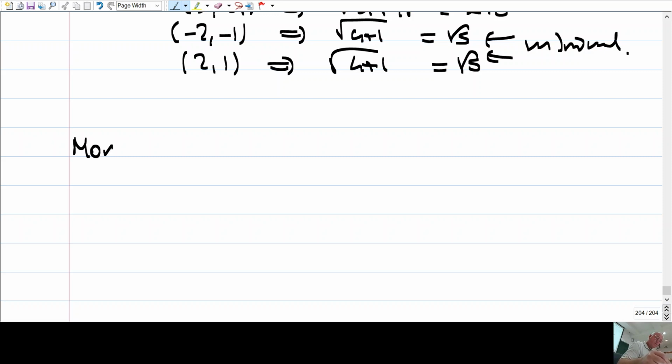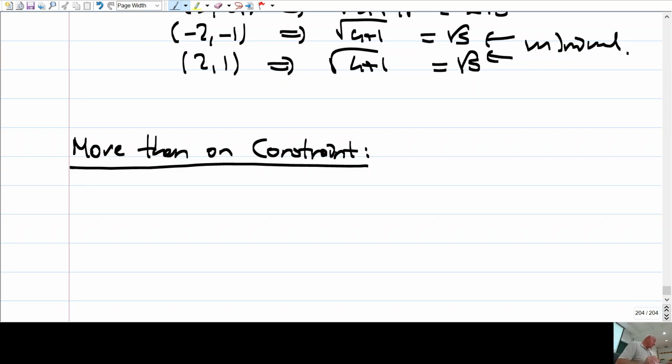More than one constraint. Yani mesela şöyle bir şey. Problem şu olsun.